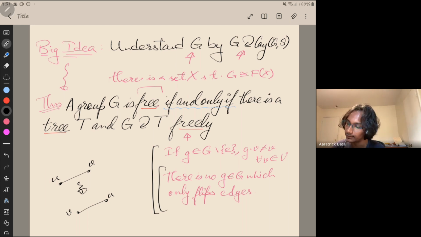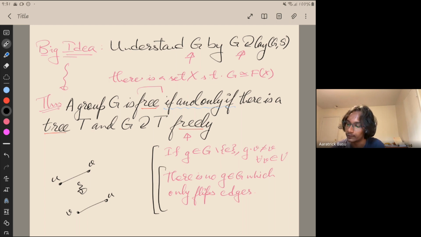And so this theorem is saying that a group is free if and only if it admits a free action on a tree, right? I think this is a powerful and beautiful theorem because we wanted to understand free groups, because the definition is abstract. It's not really clear what happens when you have more than one generator. This is a beautiful way of trying to understand it because we always have some graph on which the group acts, namely the Cayley graph with respect to some generating set.